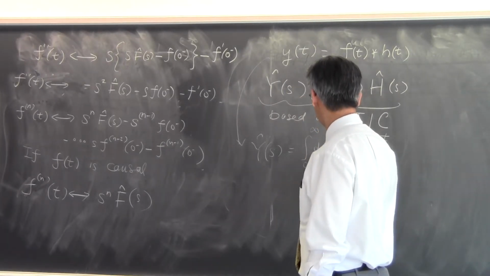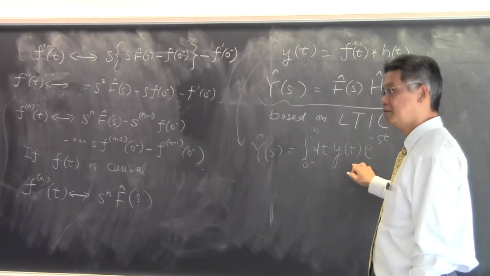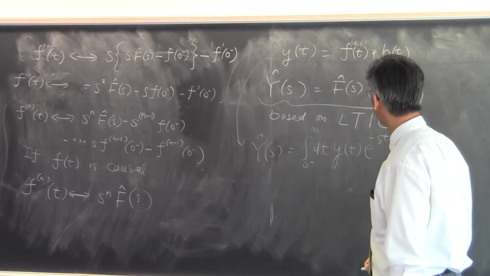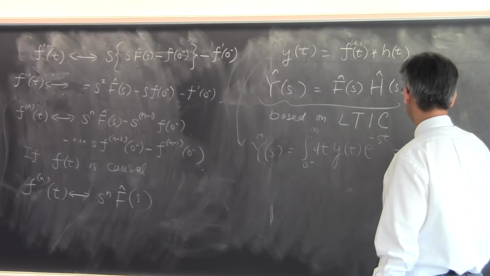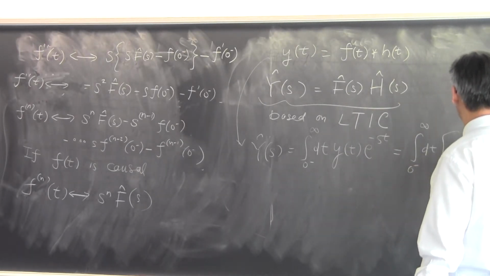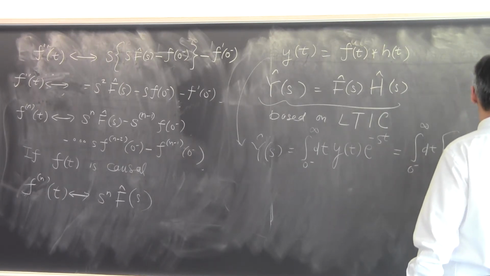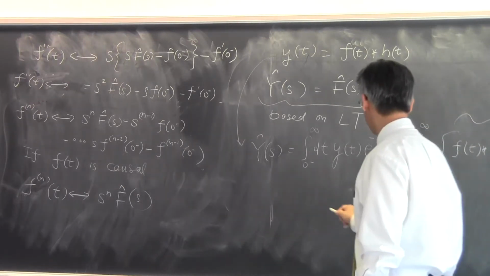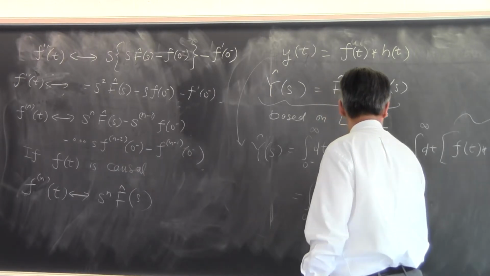If it's causal, it is only non-zero for t larger than 0 minus. So I can always make this integration that way. Then I can plug in the integration for convolution there, with e to the minus st, and I write this as a convolution integral, dt from 0 minus to infinity.